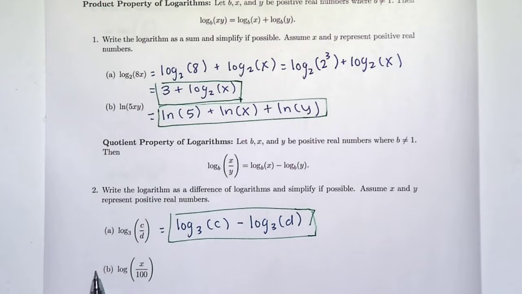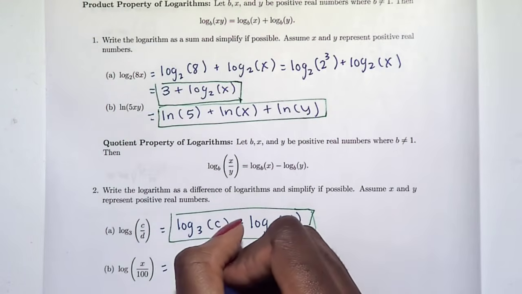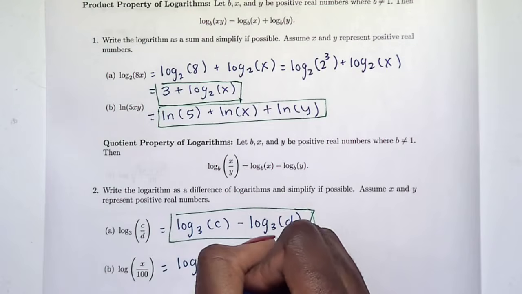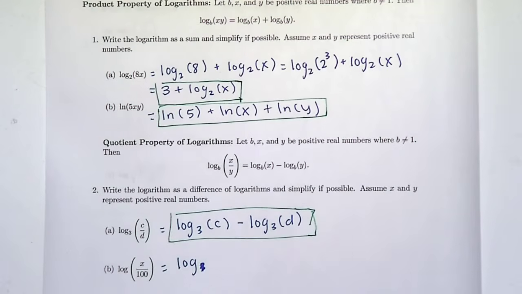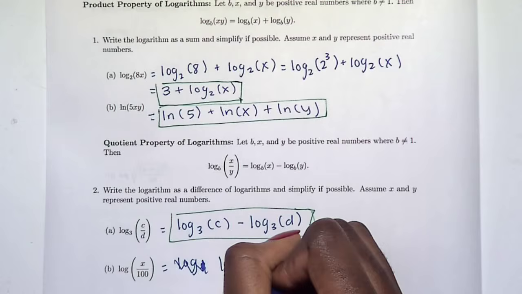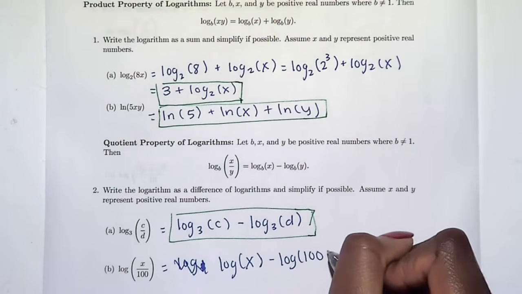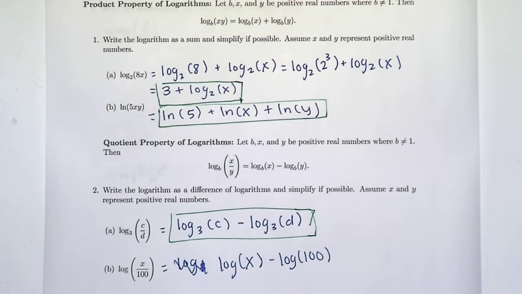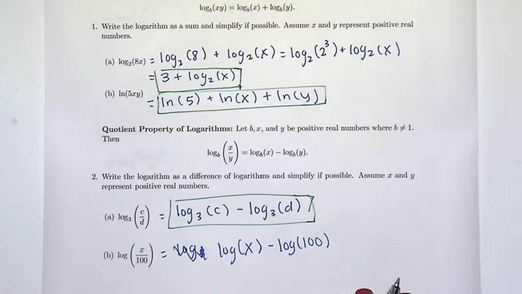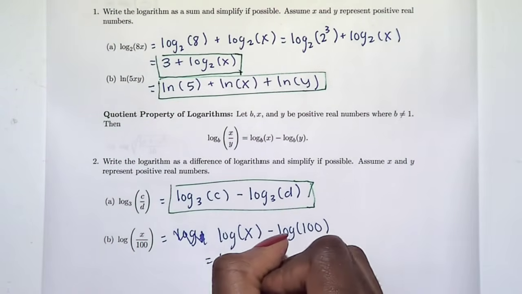All right, then we have log of x divided by 100. Remember, the base of a log by itself is just 10, so this is log base 10 of x divided by 100. We are dividing, so that means to break it up into multiple pieces. Oops, that's just log by itself. Log of x minus log of 100. All right, so note that this is log base 10, and I have a 100 here. I could definitely rewrite 100 as 10 raised to a power.